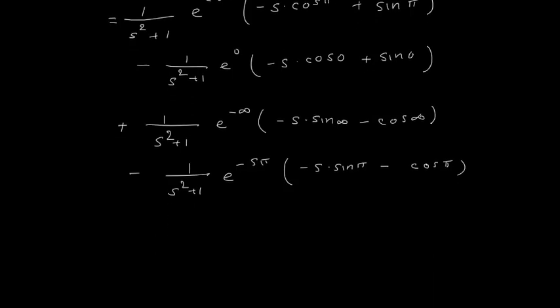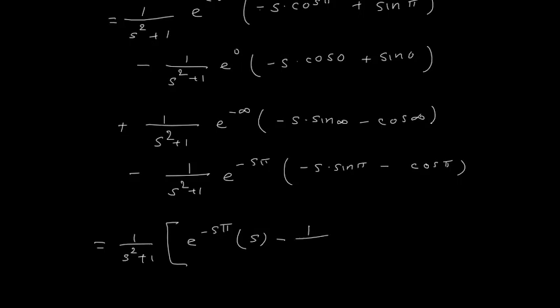So 1 upon s square plus 1 is common, so let us take out 1 upon s square plus 1. Now here e power minus s pi, and inside cos pi is minus 1, so minus s into minus 1, it will become s. Sin pi is 0.